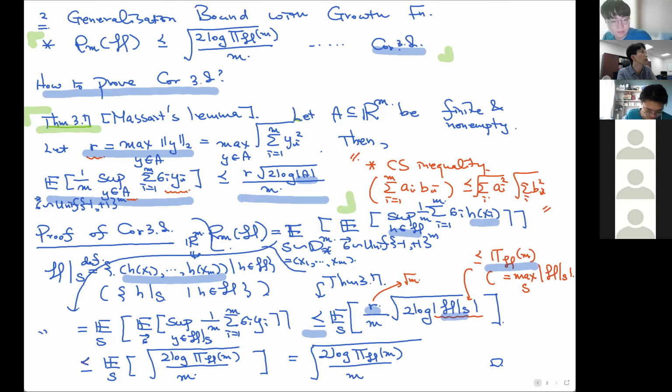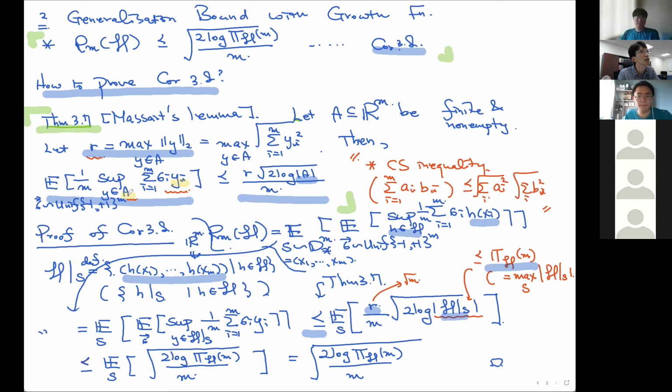The more important bit is what the Massart lemma allows us to do. We have a complicated supremum that involves the size, which is y, as well as the cardinality. It intertwines these two things together.